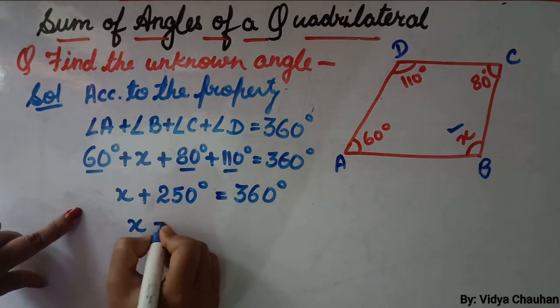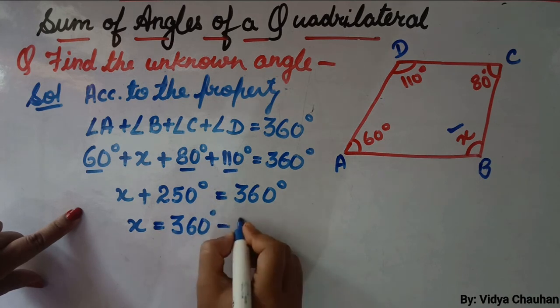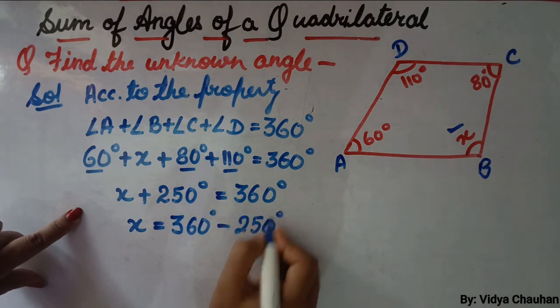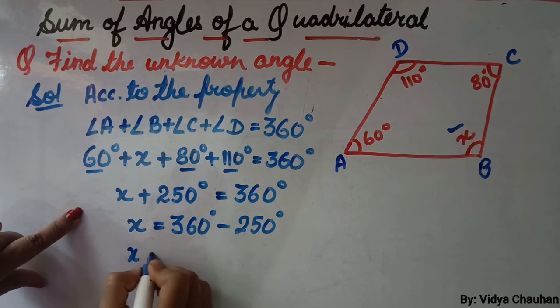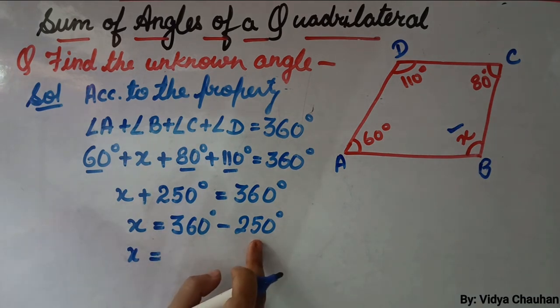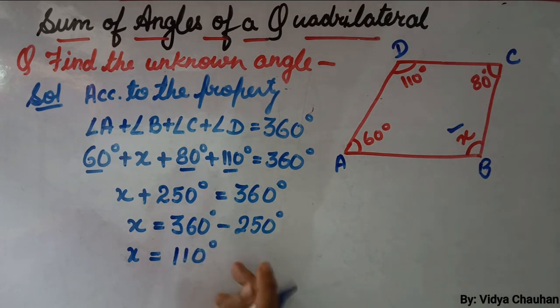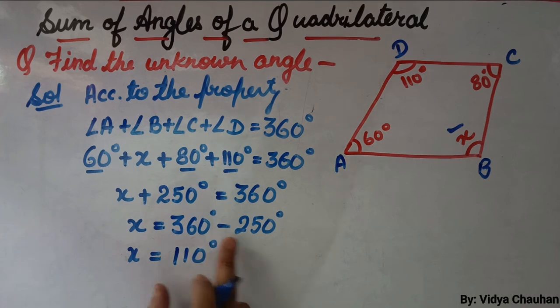Get the value of X from here. So that is 360 degree minus 250 degree. Getting the value of X by solving these two terms. So 360 minus 250. What will be the answer? 110 degree. 360 minus 250 is 110.